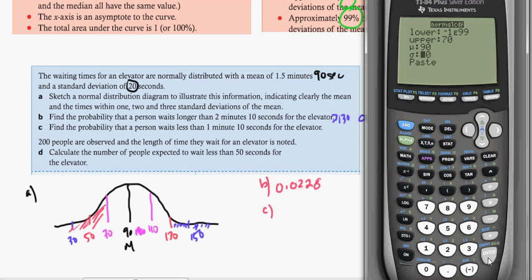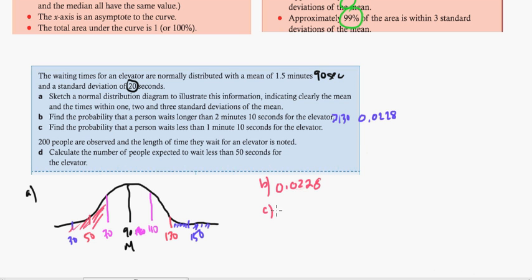And I still have 90 and 20. And I get 0.159. So this area under the curve is roughly 15.9%. This area on the first problem was roughly 2.28%. That's what we're finding, the probabilities here.